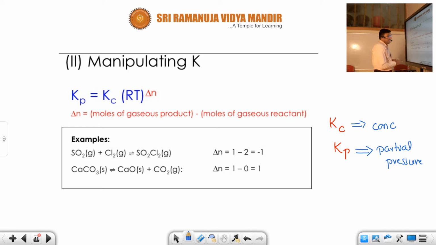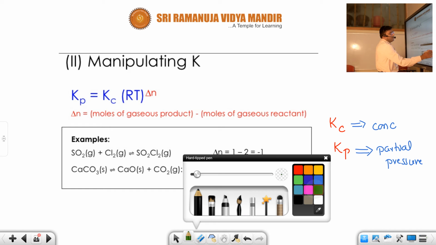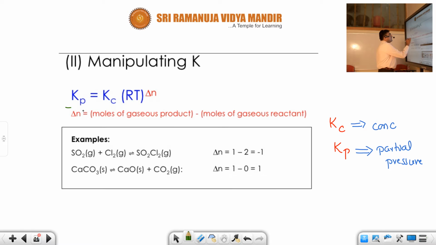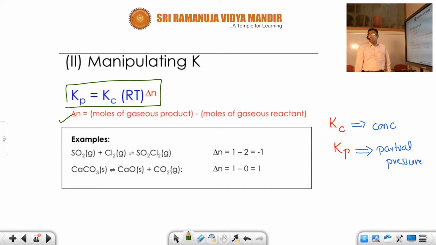The relation is Kp is equal to Kc (RT) power delta n, where delta n is the moles of gaseous products minus the moles of gaseous reactants.